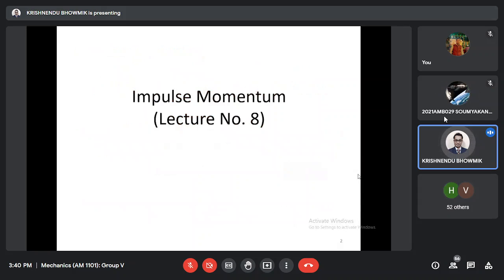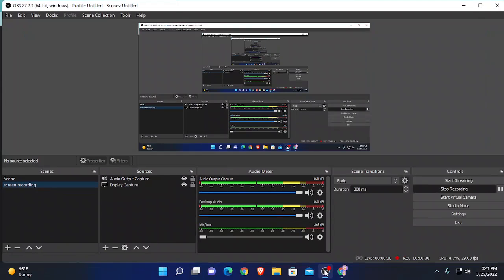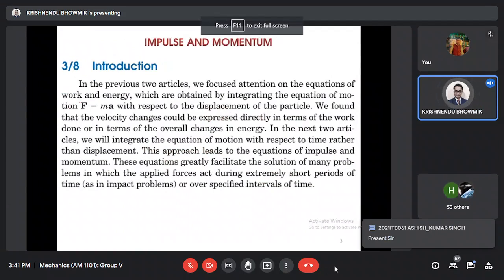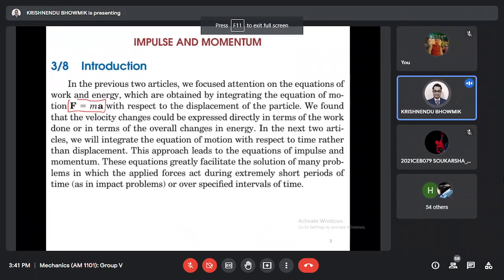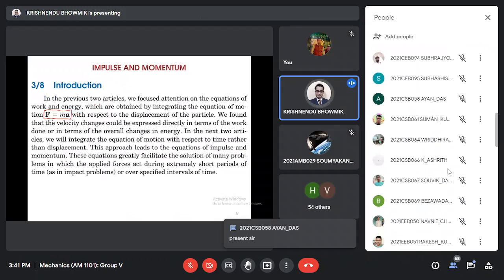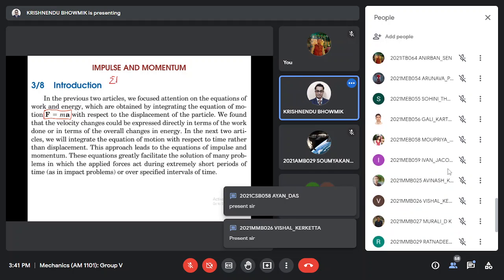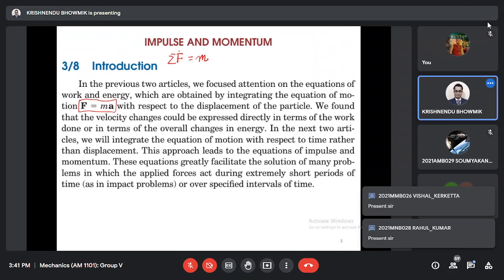So today we are going to the next chapter, that is impulse and momentum. For this, let's go back to what you have learned: force F equals ma, which you also learned in 10+2 standard. Now F becomes summation F, basically the resultant force, equal to ma in vector form.